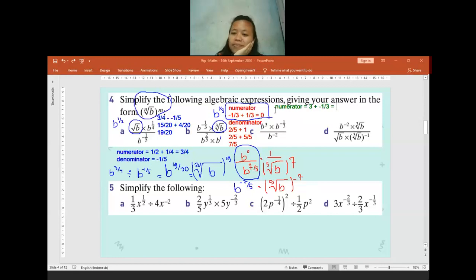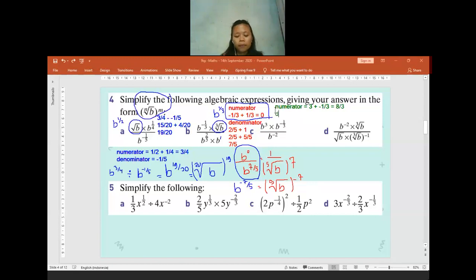We have to make it 9 per 3 minus 1 per 3, so the answer is 8 per 3. Good job. It will be 8 per 3 for the numerator.